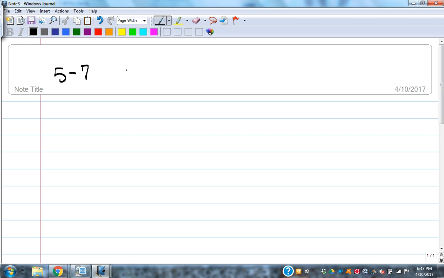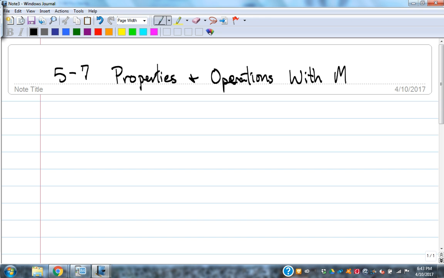All right, so 5.7, properties and operations with matrices. Since we're doing matrix stuff, let's go ahead and do some of these things.